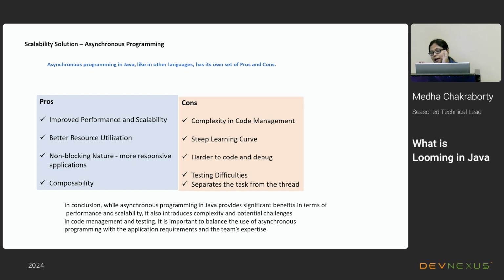Instead, it doesn't wait for the response to come back, but it actually starts serving some other request or starts to do some other work. And this scheduling is done by Java.